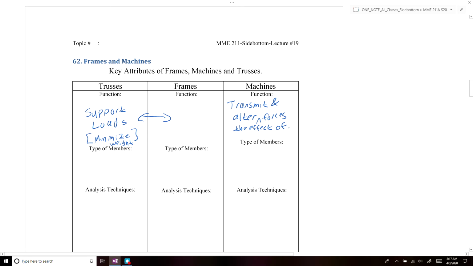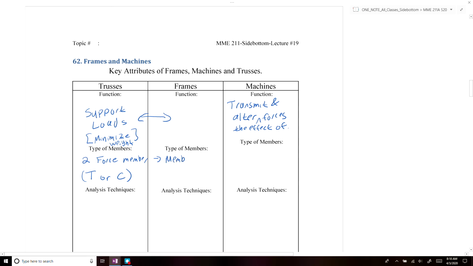All right. So for a truss, we've been talking about in the last few lectures. A truss, the primary assumption of a truss is that each member within a truss is only a two-force member, meaning that it is either in tension or it is in compression. While for a frame, many of the members within a frame, or at least one member in the frame, has to have three.